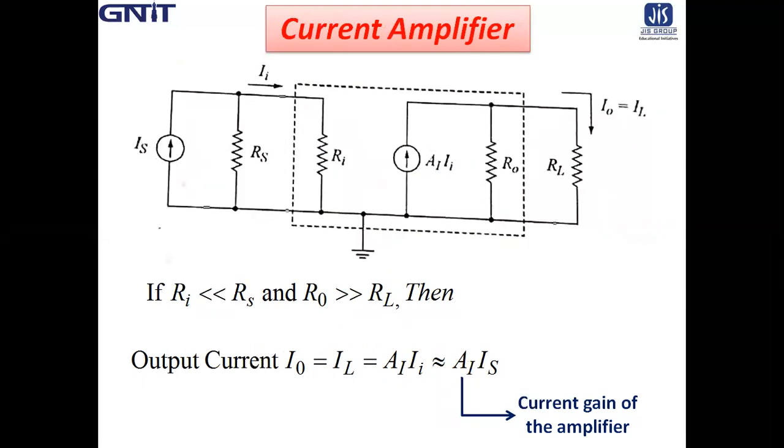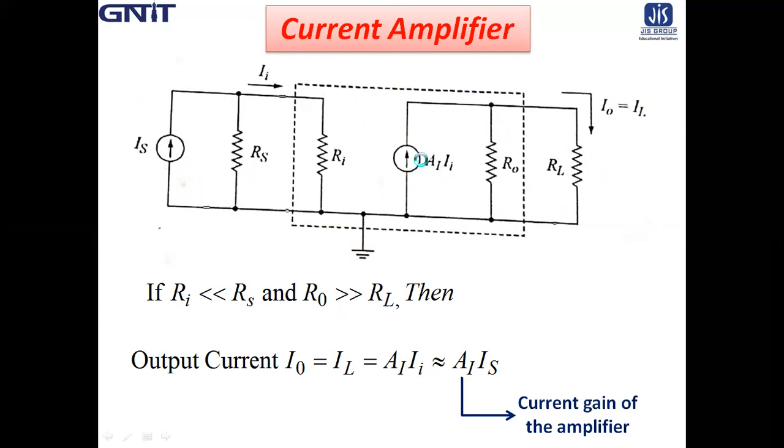Next is the current amplifier. Current amplifier, that means in the input we are setting a current source, and from the output our desired output is current. Current source means the input resistance is in parallel. Similarly, the output resistance is also in parallel, and the current gain is denoted as AI.